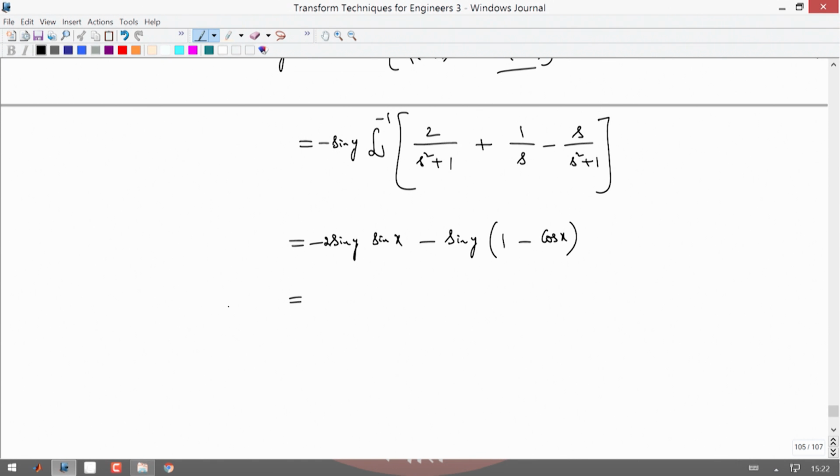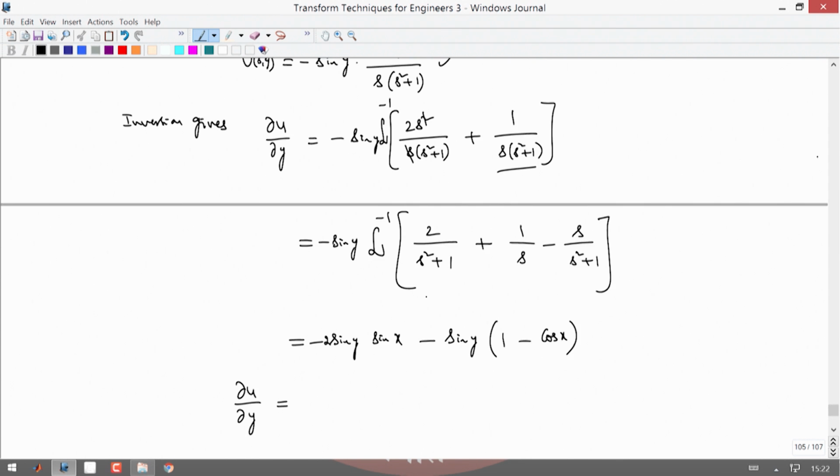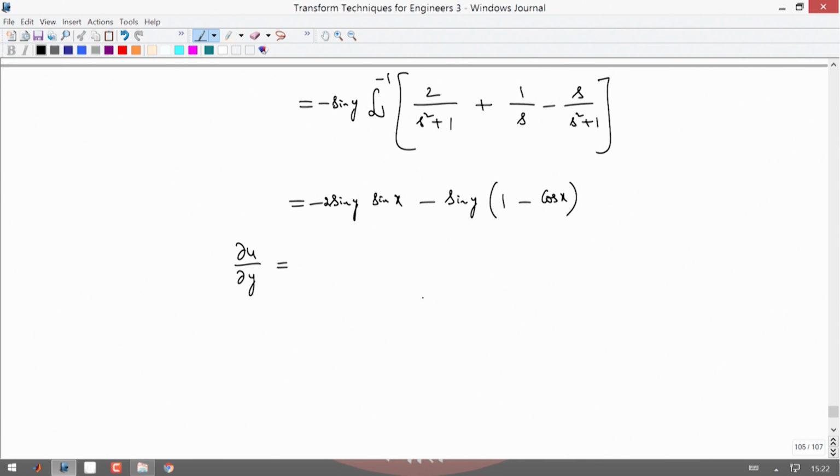So, ∂u/∂y, which is equal to minus 2 sin y sin x minus sin y plus sin y cos x.